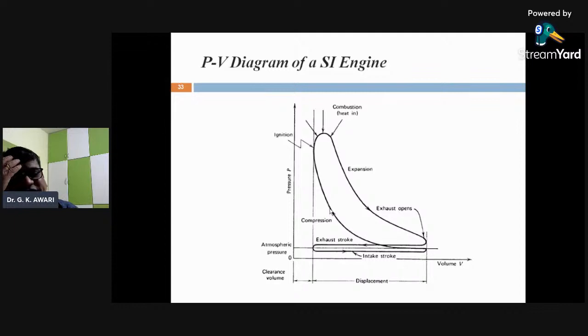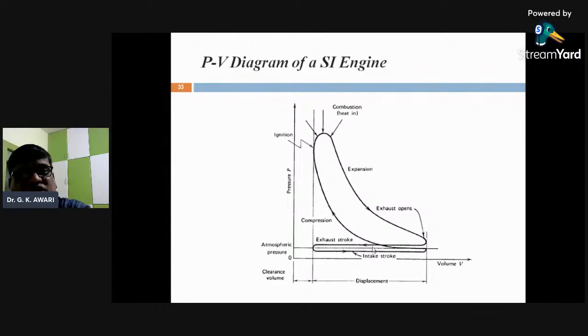We studied what types of processes are there in the Otto cycle, the actual PV diagram for an SI engine, the characteristics of the Otto cycle, the thermal efficiencies, and also the basics like Boyle's law, Charles's law, and the combined ideal gas equation.